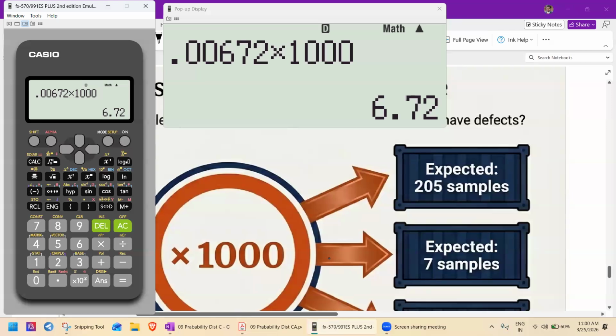So he needs at least 7 samples to get at least 4 defective items.